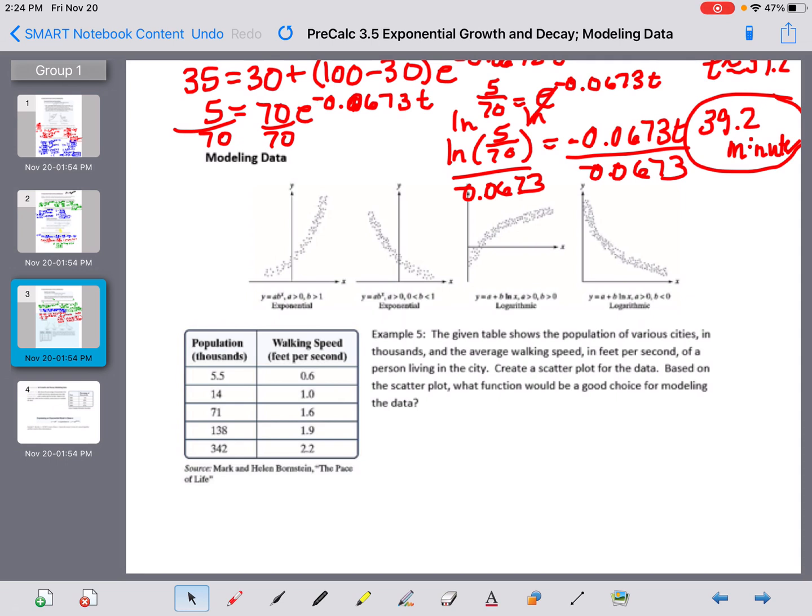Okay, modeling data. So when data is presented sometimes, we don't always know, is it exponential? Is it logarithmic? What's it doing? So what you see here are 4 graphs just modeling what that curve looks like, okay? And you'll notice it's not a line because they are representing data points, basically.